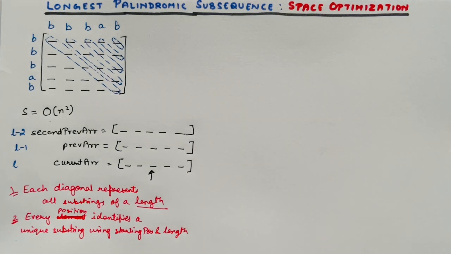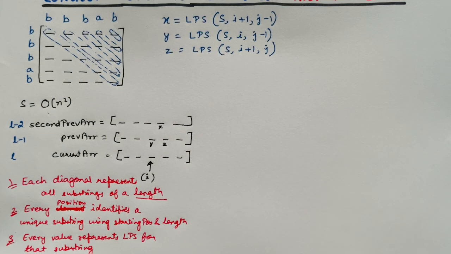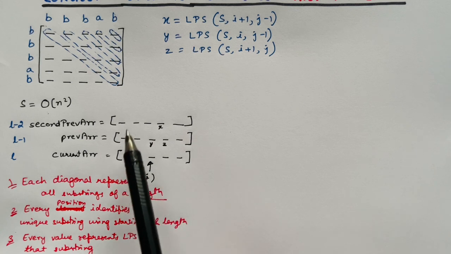So what will any value at any of these positions represent? It will represent the answer for that substring, meaning the length of the longest palindromic subsequence for that substring.